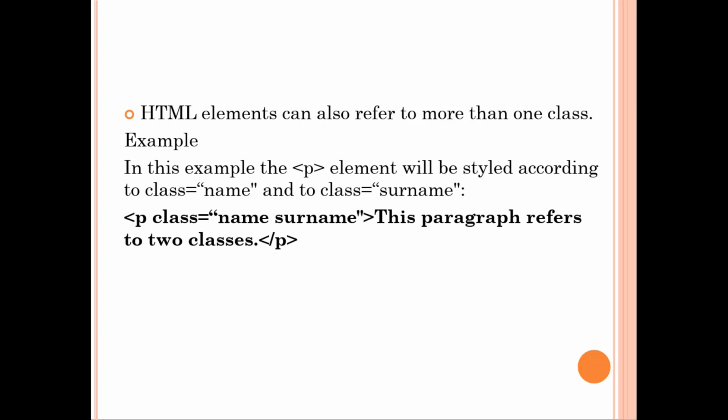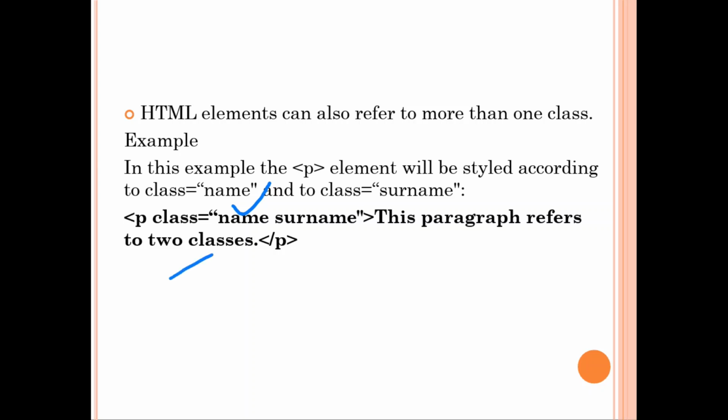Here we have to style a class with the name and another class with the surname. The name attribute is prepared earlier, and we want to use this particular selector in our web page.